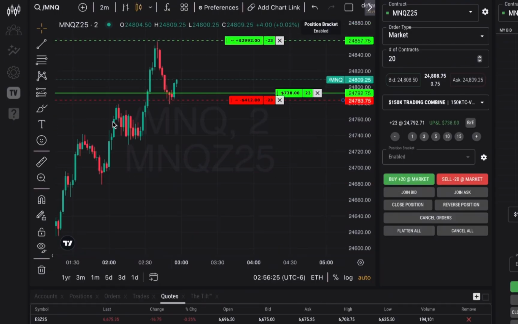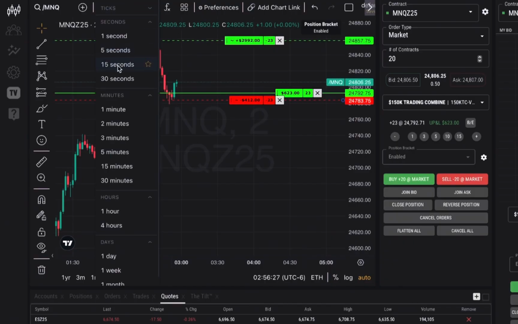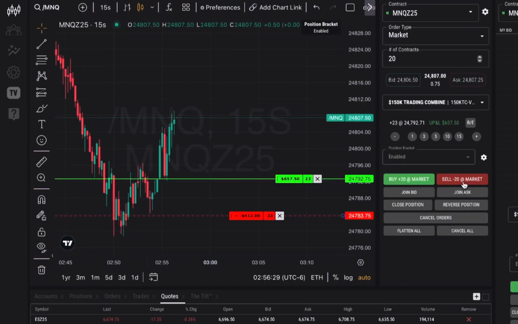So we just try to get size off. Right here will be a great place to get size off. Looking back at it, this will be a great place to get size off. Get 20 off and allow the 3 to run.